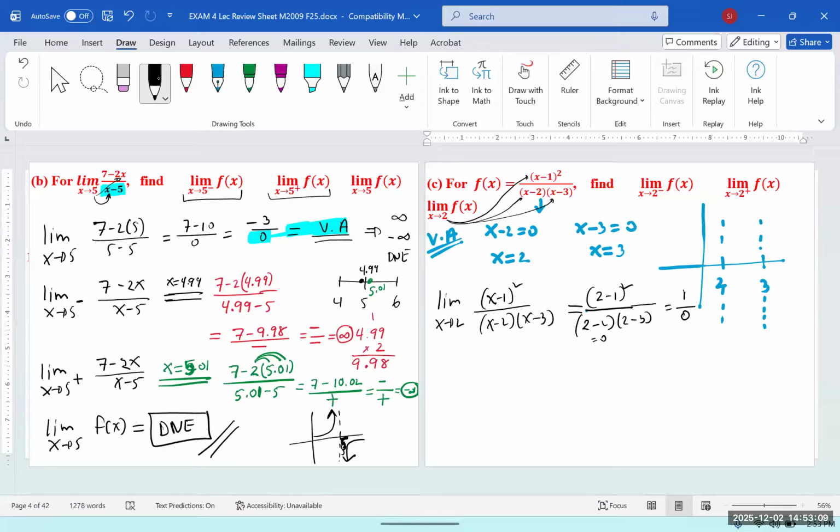So you see, we have a number over 0. Anytime you have a number over 0, it means this is a vertical asymptote. So a vertical asymptote means your limit will be either positive infinity, negative infinity, or DNE. Like in the last example, it was DNE because the left side limit and the right side limit weren't the same number, weren't the same sign.